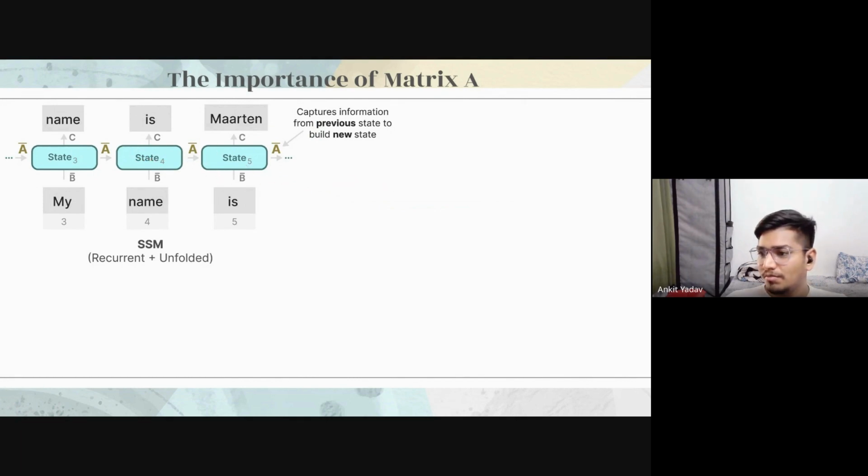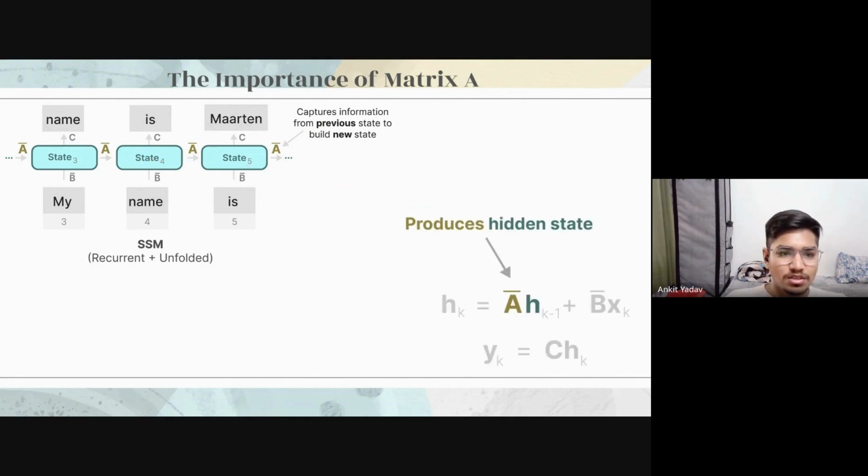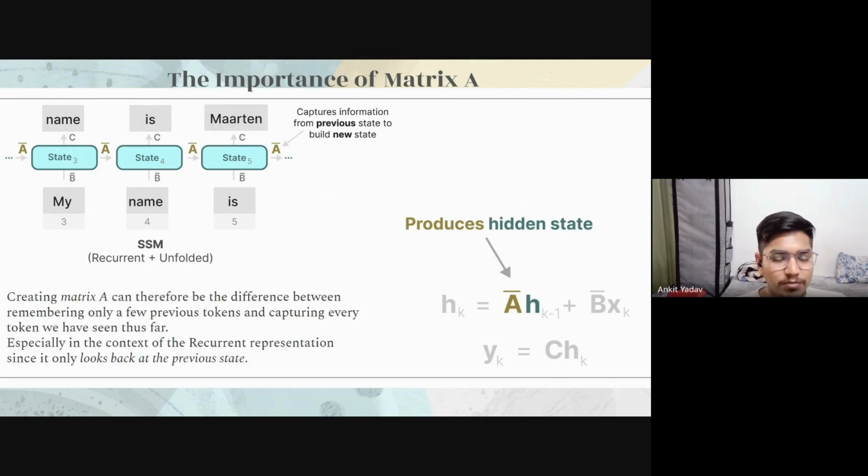It's the main building block of this RNN or SSM we have. This is the formulation version of this A matrix. The A matrix itself defines whether we want to remember only a few previous tokens, or we have to capture everything we have seen so far. So again, it only decides how things should be going.